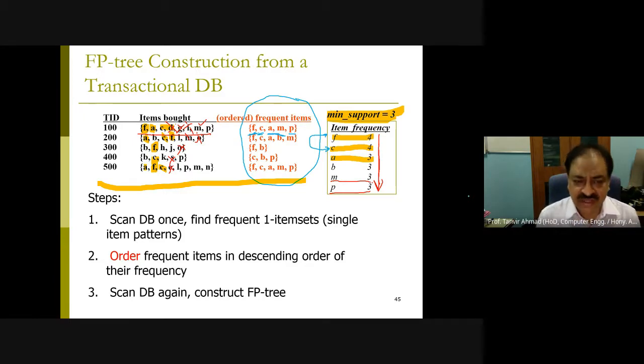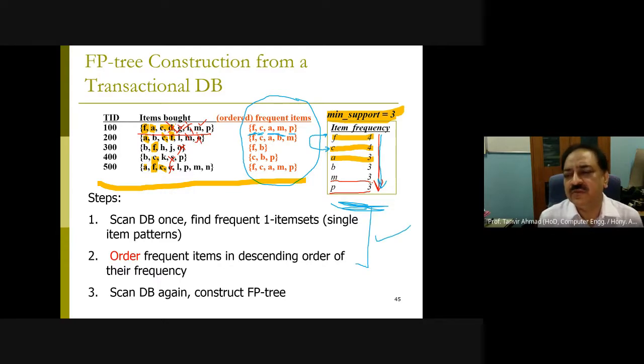Now you just check the steps: scan database once, find frequent one item sets. Of course, when I maintain this, I follow this rule. Step 1, sorry. Then I am going to arrange it in descending order of support. This is the second one. That means the first two tasks I did here only.